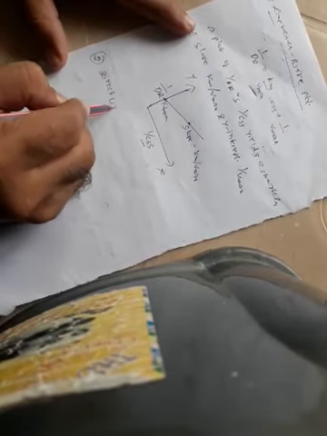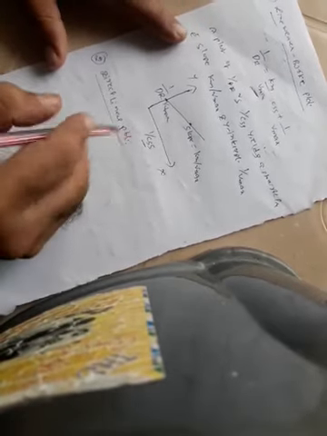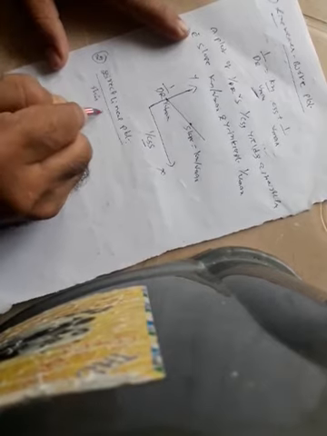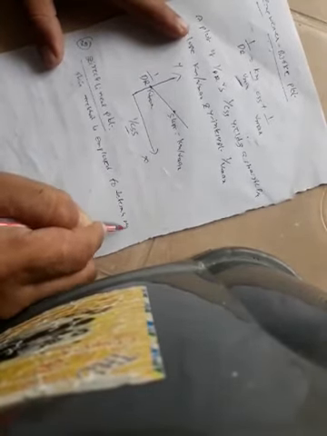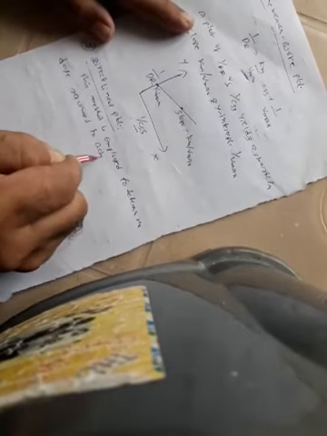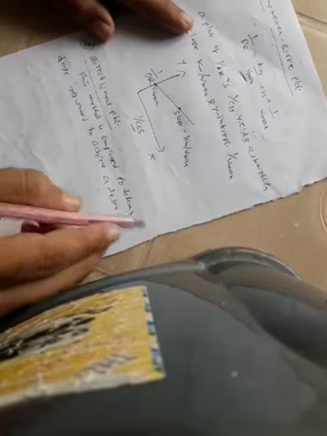The second one is the direct linear plot. This method is employed to determine the dose required to achieve a desired CSS, the steady state in plasma.